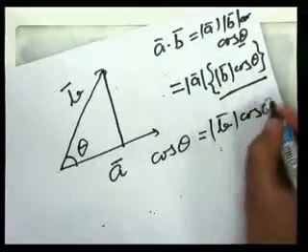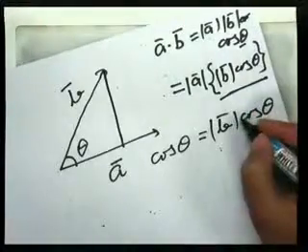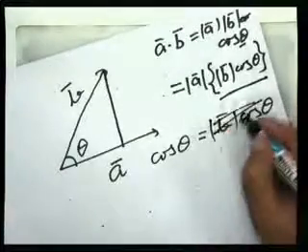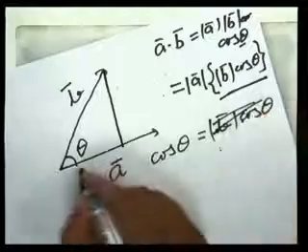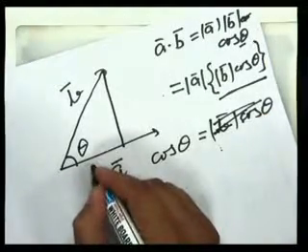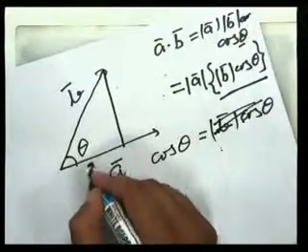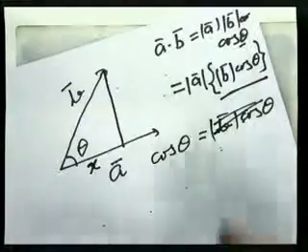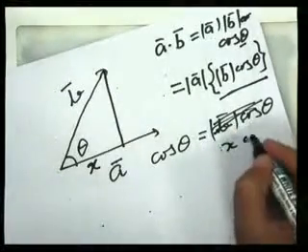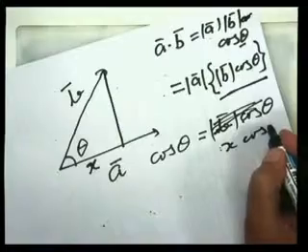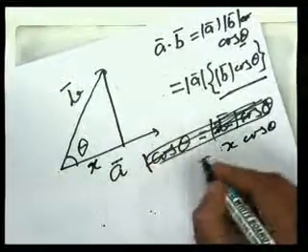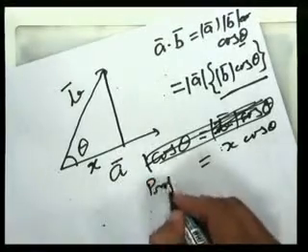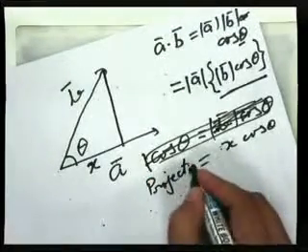Suppose this side is x, then we can say it is x cos theta, which is the projection.